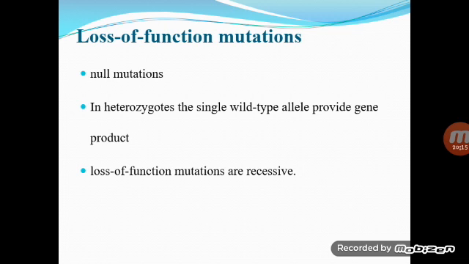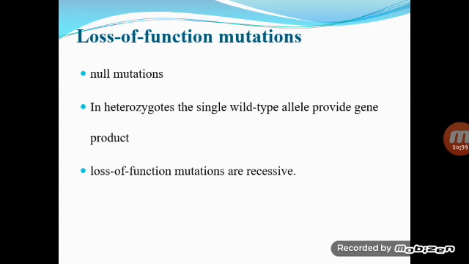trait. In a wild type diploid cell, there are two wild type alleles of a gene, both making normal gene product. In heterozygotes, the single wild type allele may be able to provide enough normal gene product to produce a wild type phenotype.